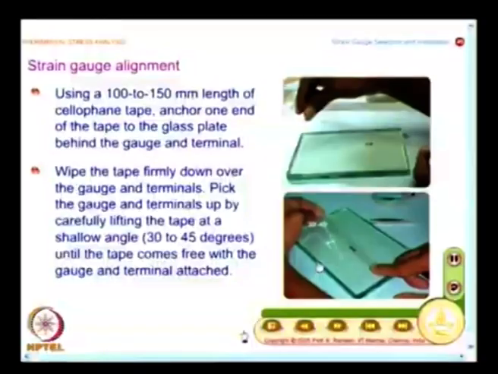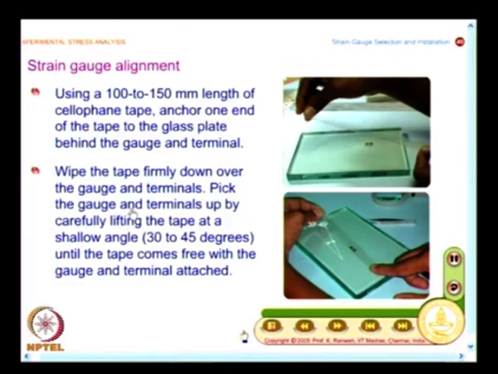Even without your knowledge, you will be applying a very high level of strain. Though it looks very trivial, why do you specify the angle, why not some other angle? What is recommended here is, if you do it like this, the chances of overstretching the strain gauge will not happen. So, you need to have only 30 to 45 degrees.